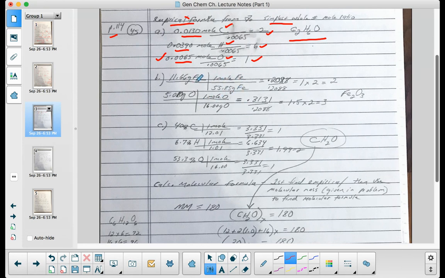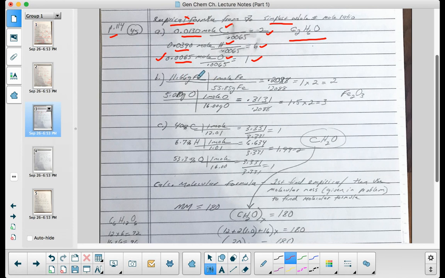So I always say, when in doubt, convert to moles, because you can always draw up relationships when your values are in moles, because it's just a number of things that you're relating to each other, or a number of atoms in this case. So I'm going to say for iron, I look up the atomic mass of iron on the periodic table. It's 55.85.